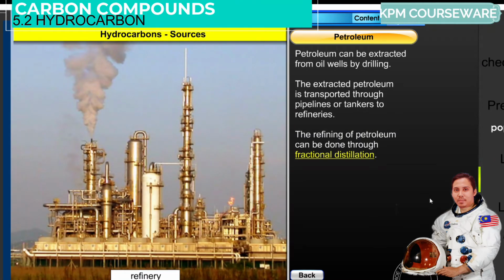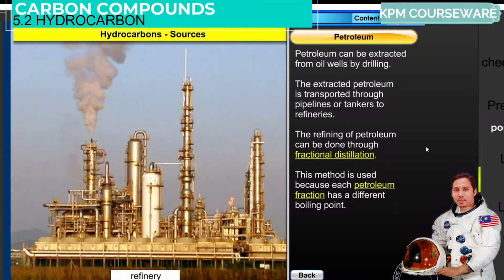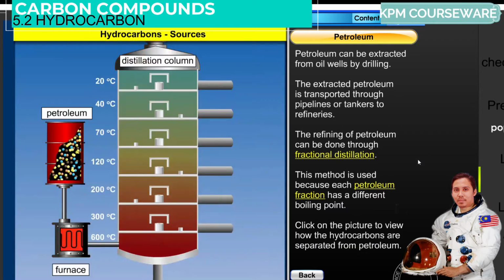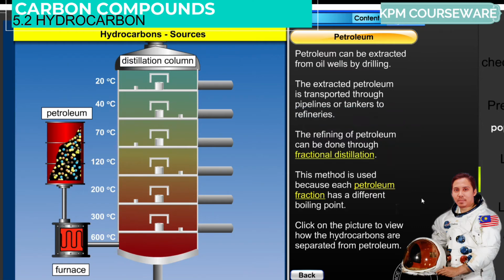The refining of petroleum can be done through fractional distillation. This method is used because each petroleum fraction has a different boiling point. Click on the picture to view how the hydrocarbons are separated from petroleum.